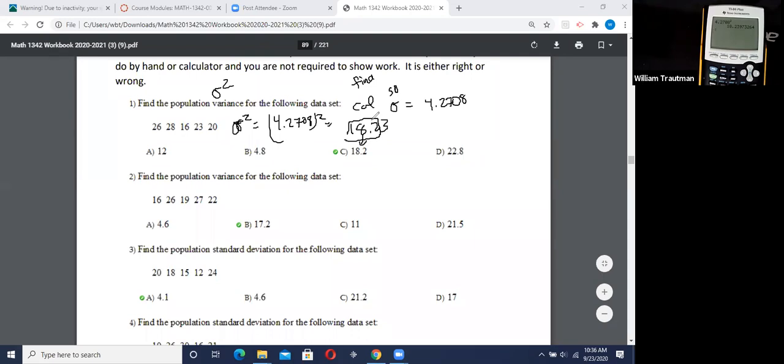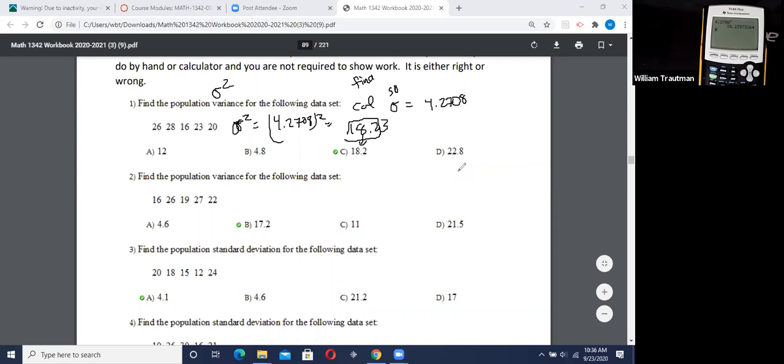All righty. Any questions on that? I'm hoping you guys are following along. Yes, you can use those formulas in the workbook, but we don't teach those. I showed you the formula, and they're in the workbook, but we use the TI-84 to get through this course.